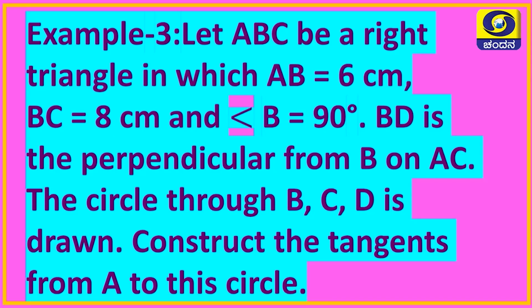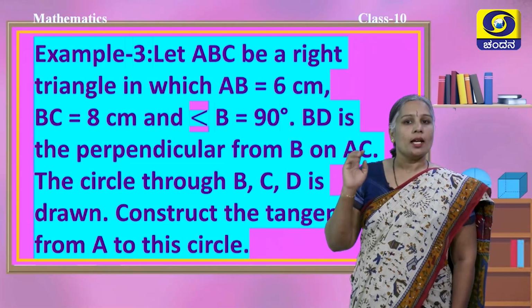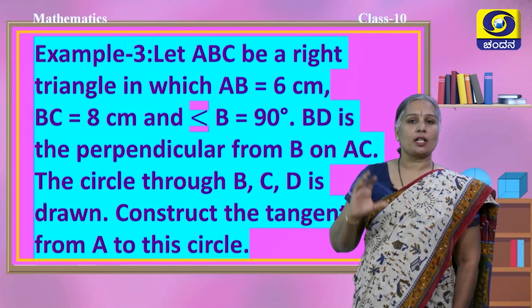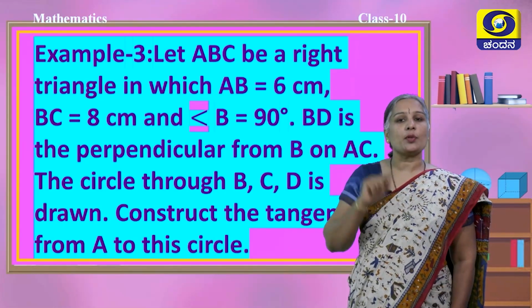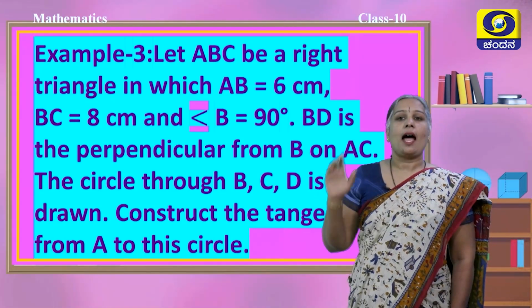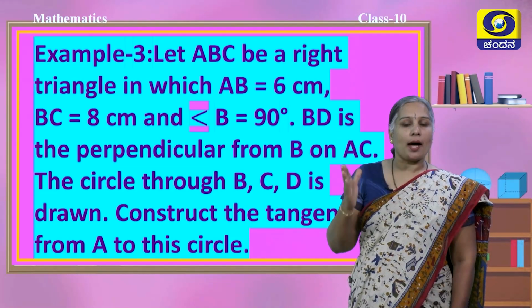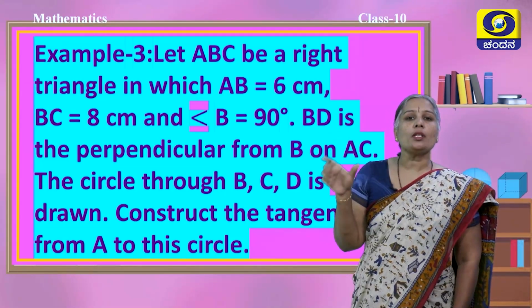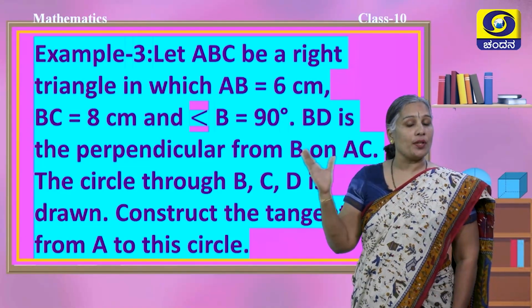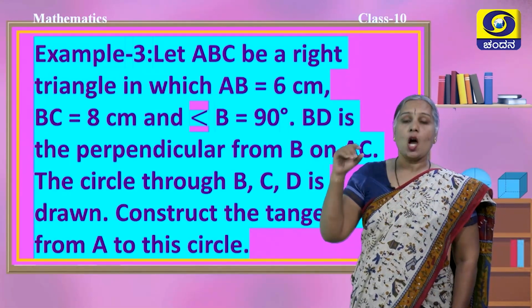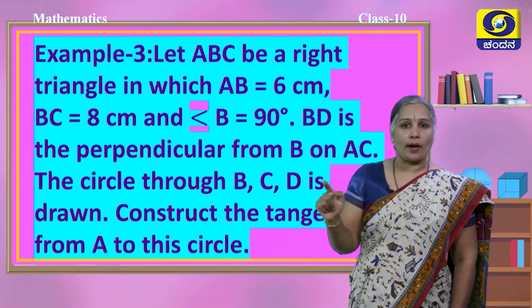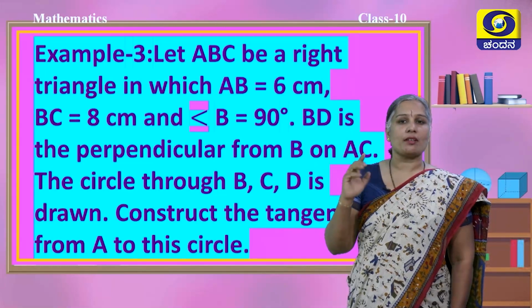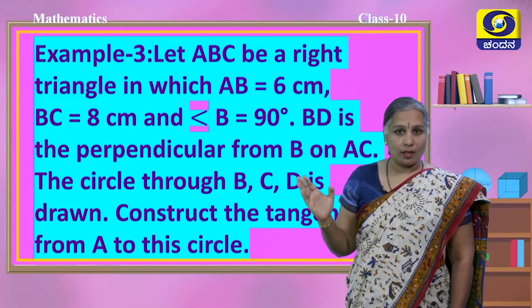Next, we have to take the midpoint of the base of the triangle, keeping the needle of the compass at the midpoint. We have to create a circle and this circle should pass through both the starting point and end point of the line segment BC, along with one more point on the hypotenuse of the right angled triangle.